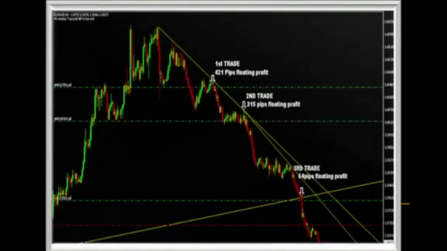On this chart here, you could see that only 3 trades and 800 floating profits is secured, and the majority of the profit is still running, and the trade is not closed yet, and all this is in just 1 week. This pair was still heading downward when the screenshot was taken.